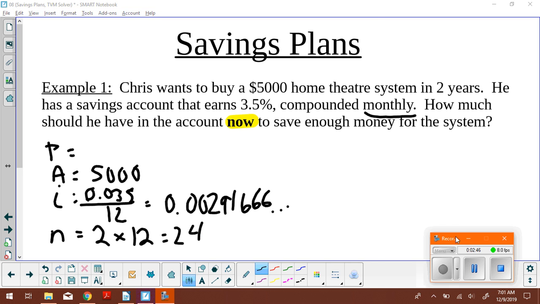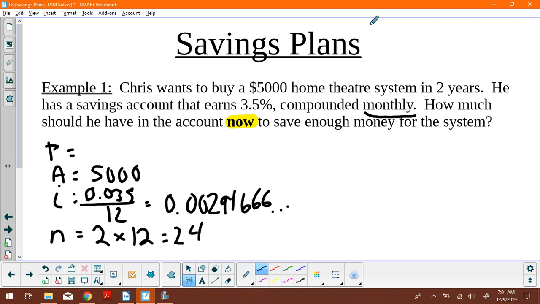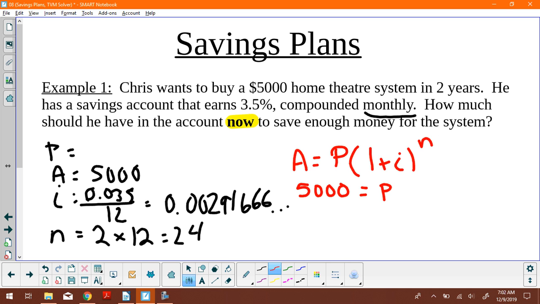Now that I have all that information, we can plug it into our compound interest formula. A equals P times (1 plus I) to the N. I know my final amount is $5,000, and that's equal to P times 1.002916666 to the power of 24.